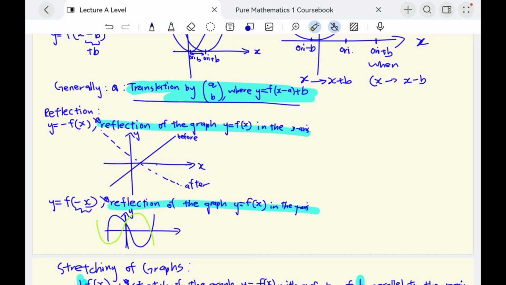So the next transformation is your reflection. What is reflection? Given y equals to f(x), if you put a negative outside the entire f(x), there is a reflection of the graph y equals to f(x) in the x-axis.